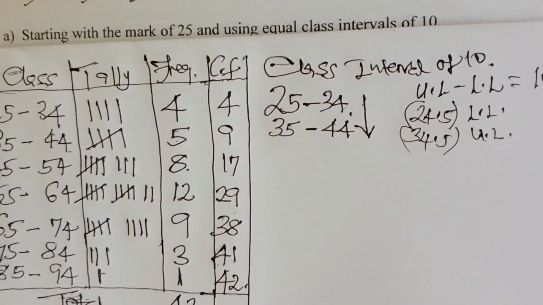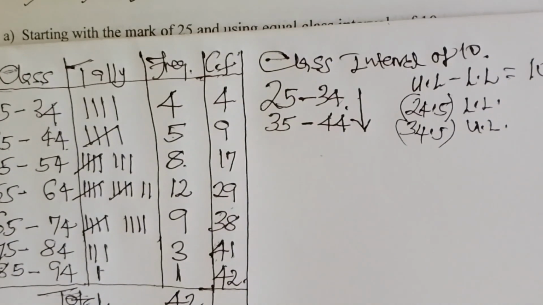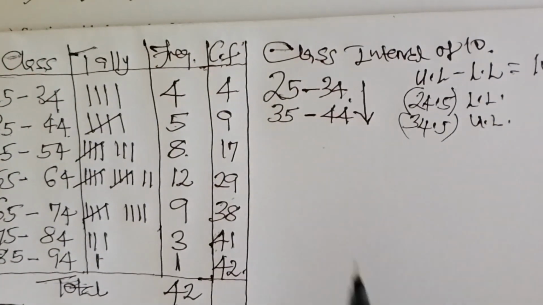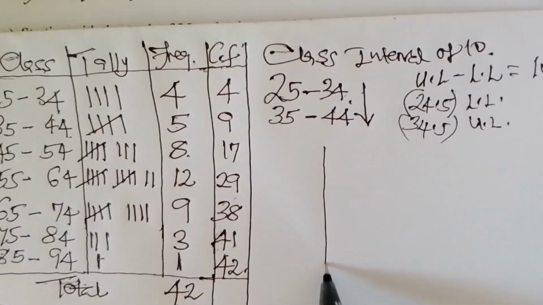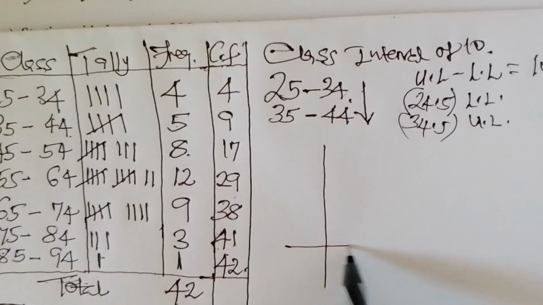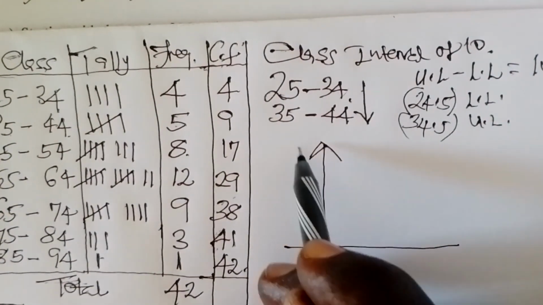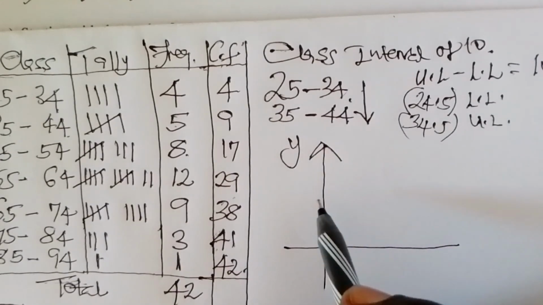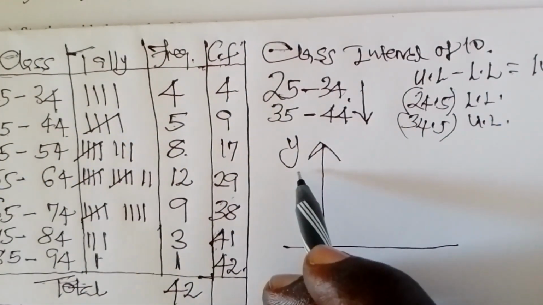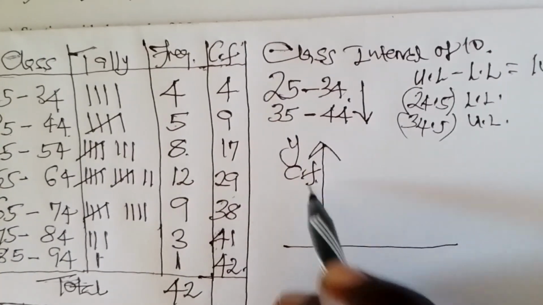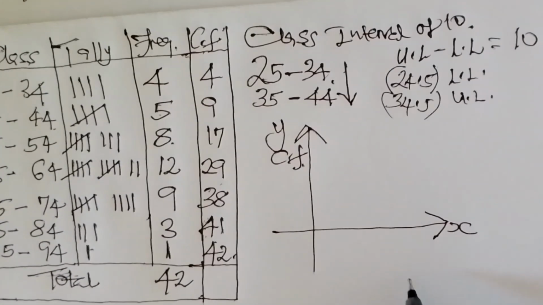So in our graph paper, we need to remember what to plot. Just reminding you, on the y-axis, we are going to plot the cumulative frequencies, and then on the x-axis, we are going to plot the max.